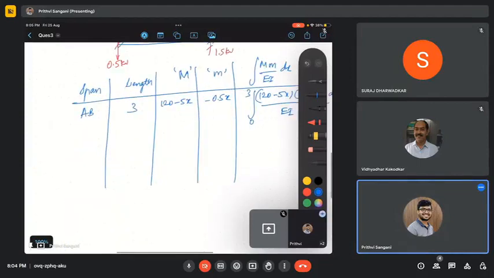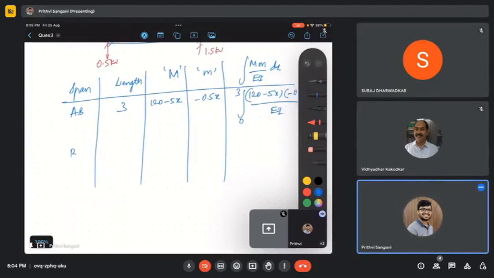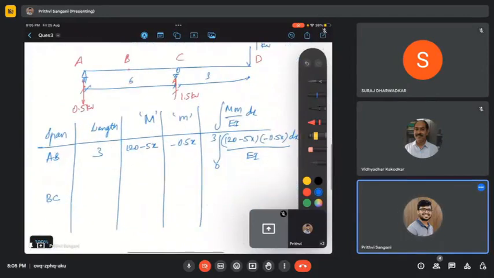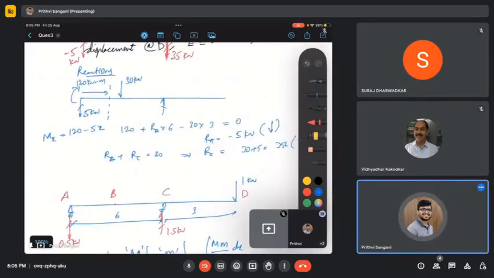Next, let's go with span BC. Now what happens in span BC? Just on the right side of this section, we have 120, and 5 times 3 is 15.